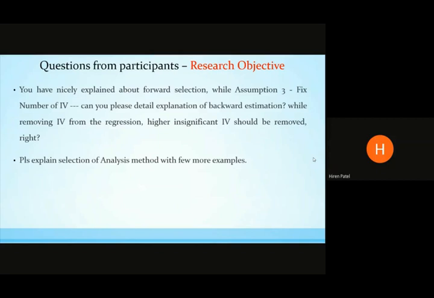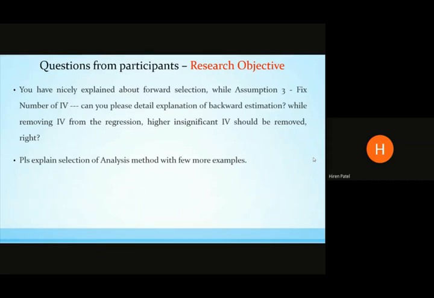Backward estimation means we keep all 20 together. We add all 20 together in one single slot, and then gradually remove those independent variables which contribute less to the equation. We start the process with 20, take the first one out and have the remaining 19.